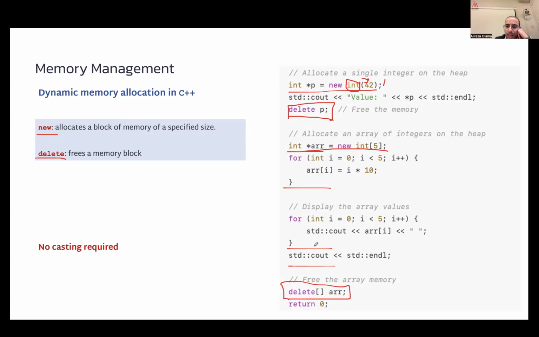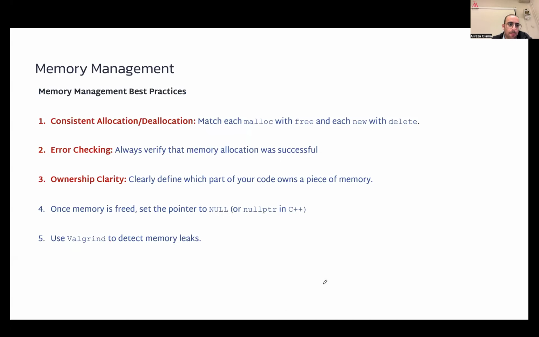If you are using arrays, you should use delete followed by these brackets. But if you allocate memory for a single value, you don't need these brackets. But if you use arrays, you should use them, okay? So I hope it is clear.